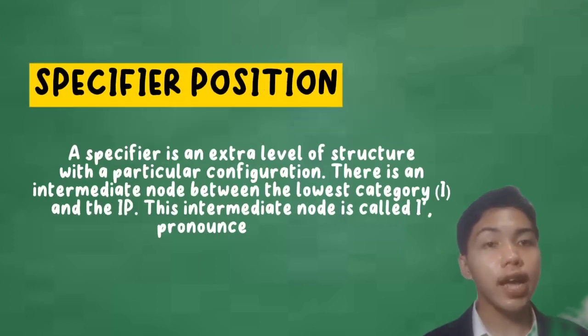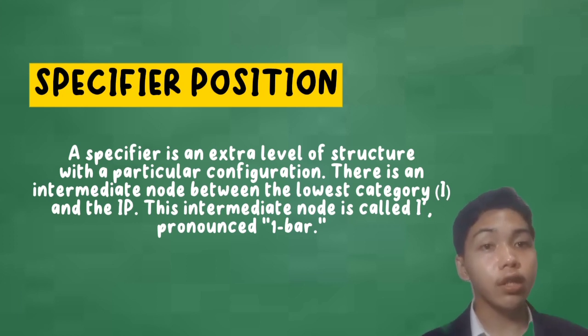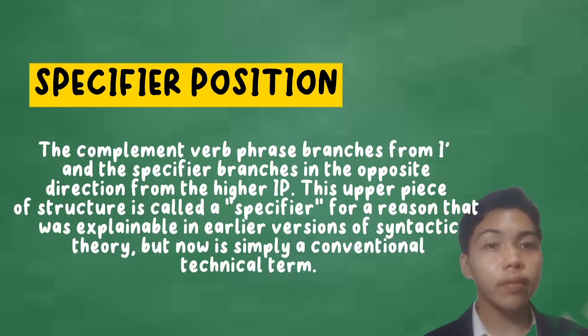A specifier is an extra level of structure with a particular configuration. There is an intermediate node between the lowest category I and the IP. This intermediate node is called I-bar. The complement verb phrase branches from I, and the specifier branches in the opposite direction from the higher IP.